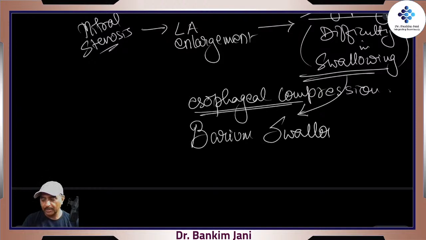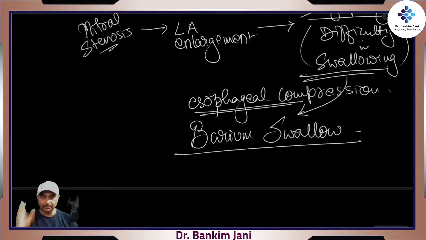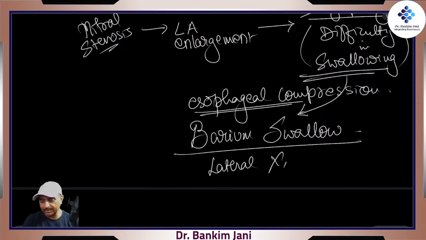In this barium swallow, you'll be going for the lateral plate. You won't be able to see much on the PA view, though you might get a nice curve like this. But when you go for the lateral X-ray chest, it is conclusive. So do remember this.